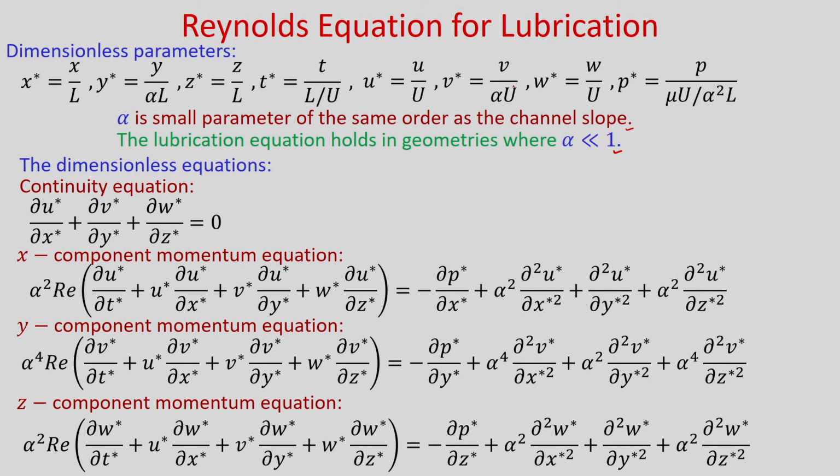So, we are taking a very small velocity alpha u. w star is equal to w by u, and for p star we are taking p by mu u by alpha square L. So, we have non-dimensionalized using the viscous force. As you know, lubrication flow is a viscous dominated flow.